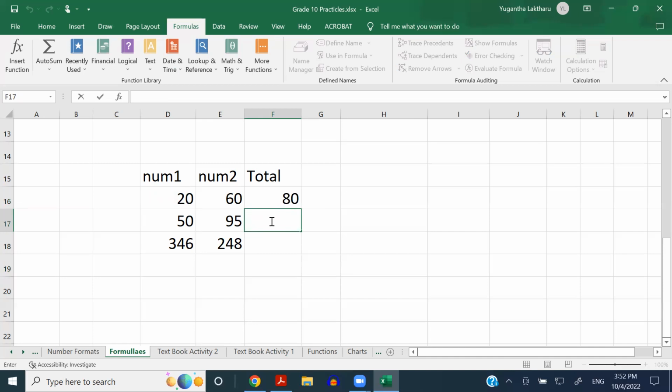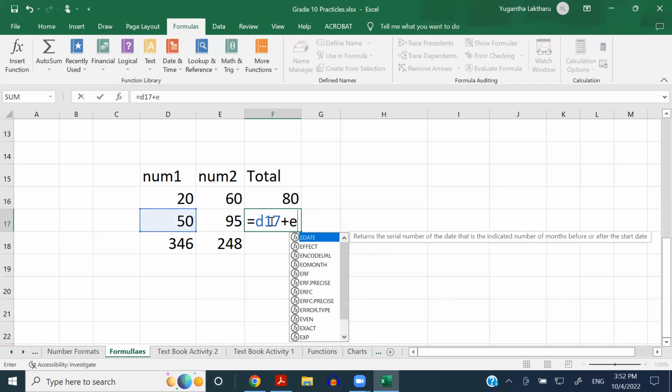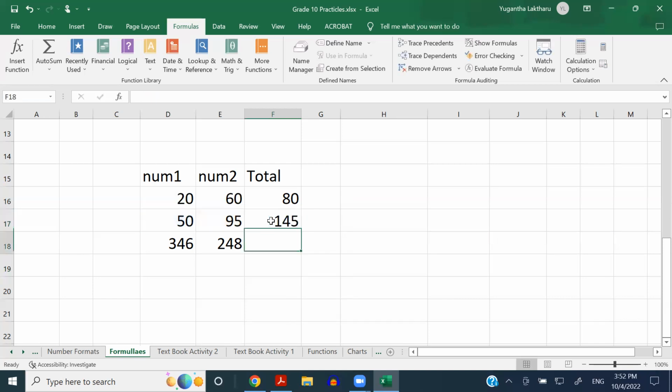D17 plus E17, yes, very good. We have to start with the equal sign: D17 plus E17. How about this?